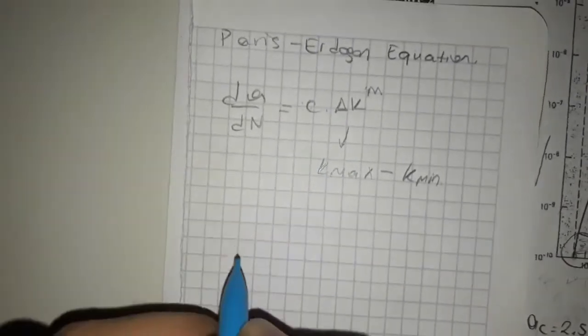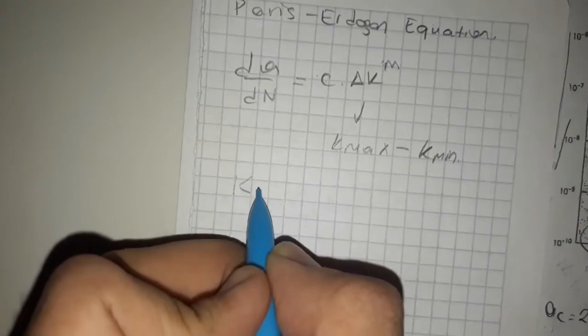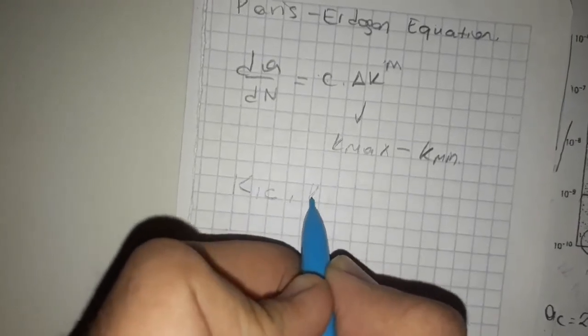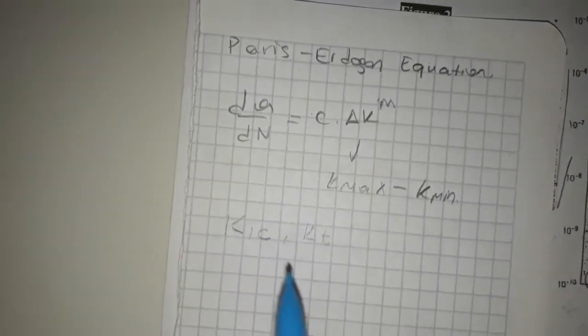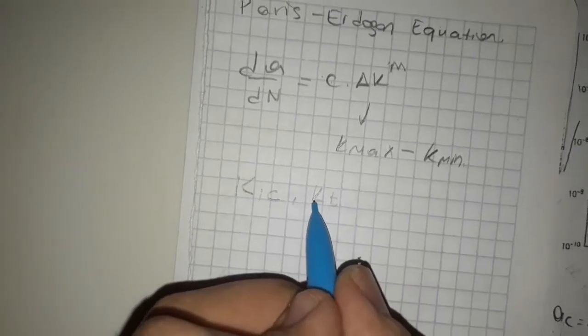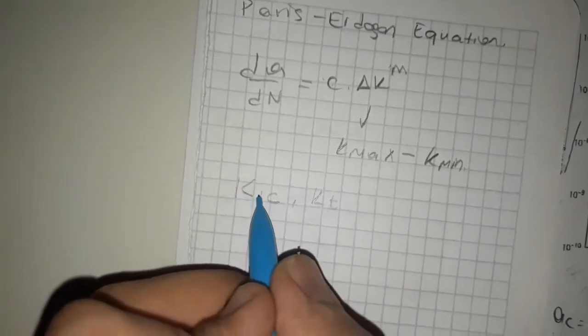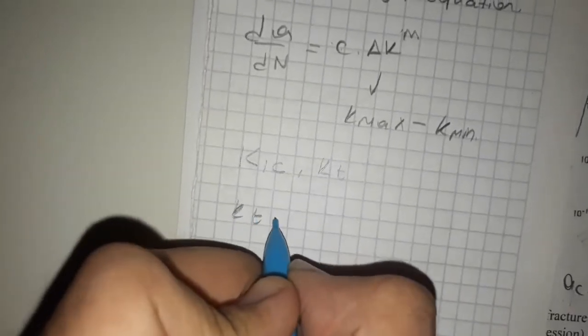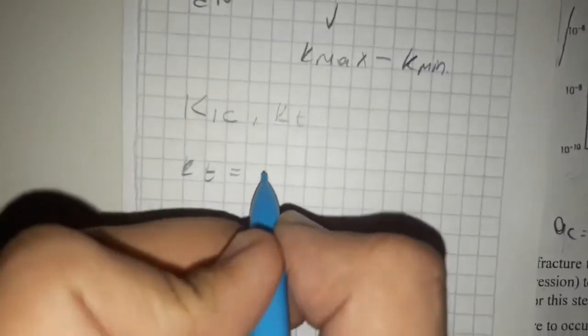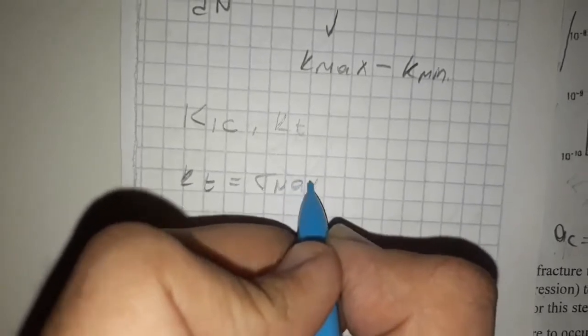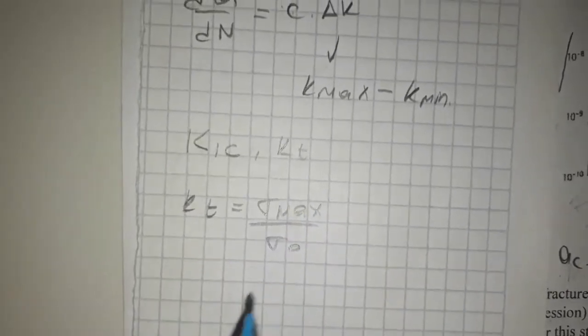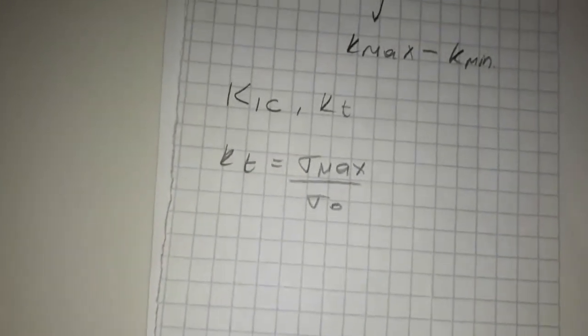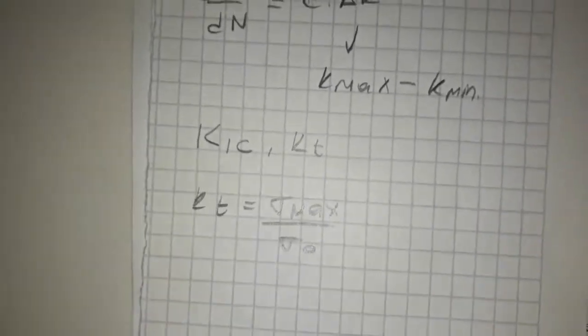First of all, I'm going to give these two terms, KIC and KT. KT is the stress concentration factor, KIC is fracture toughness. The stress concentration factor KT equals sigma maximum over sigma normal, the average stress.